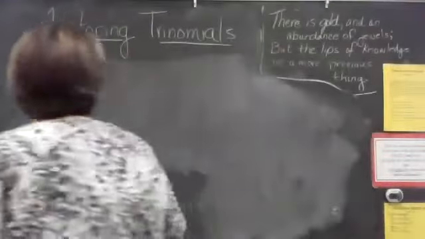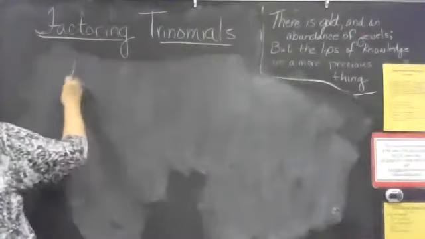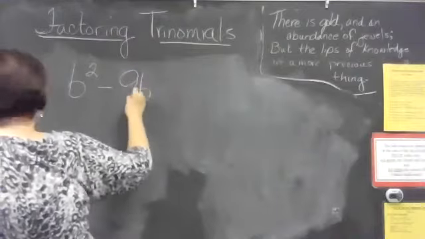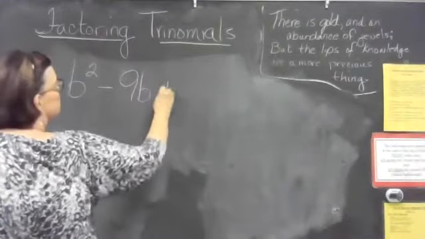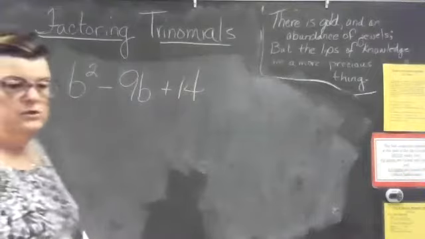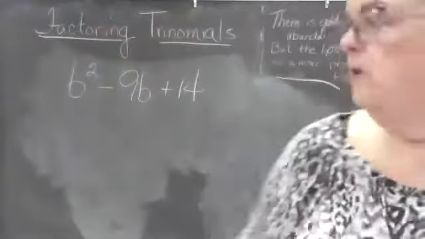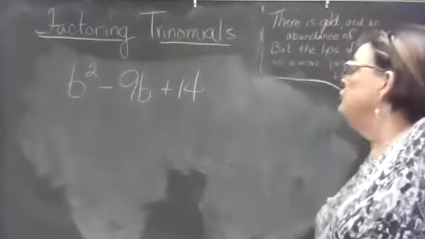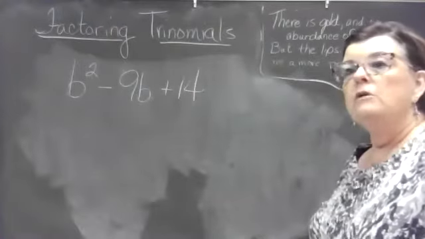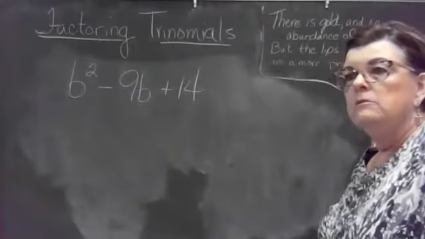Okay, Sandra. B squared minus 9b plus 14. Some of you are faster at this than the others, but we need to go through all of the steps. So step number 1, look for greatest common factor.